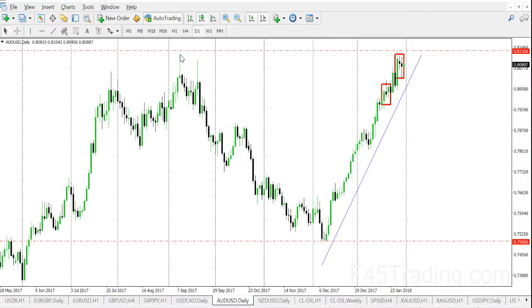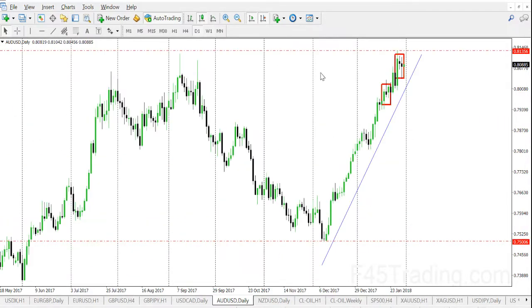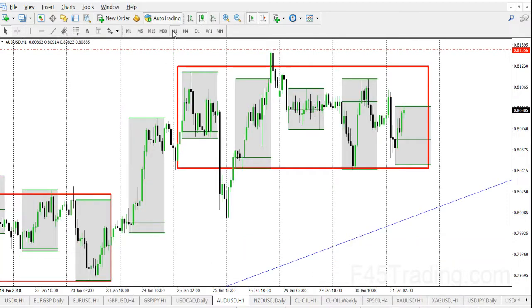But now we took out these highs over here, and price is not convincingly wanting to go through that right now. So I'm wondering how much higher it wants to go right away. Now again, if the U.S. dollar starts to drive lower, it's going to take this one with it, and this one's going to start screaming higher. But right now, there's no trade. I don't see anything in there.